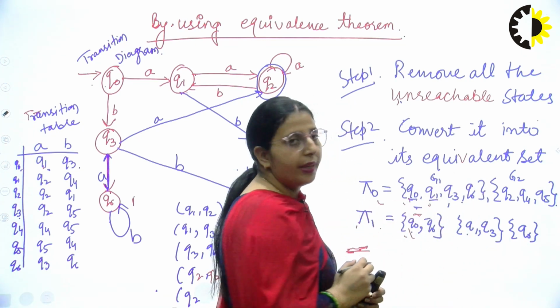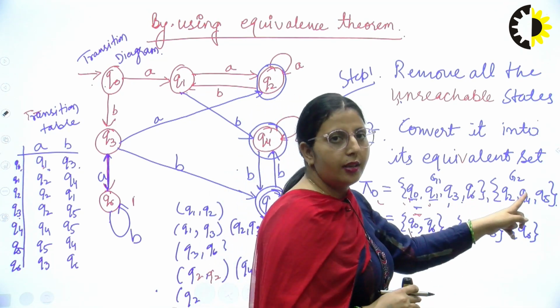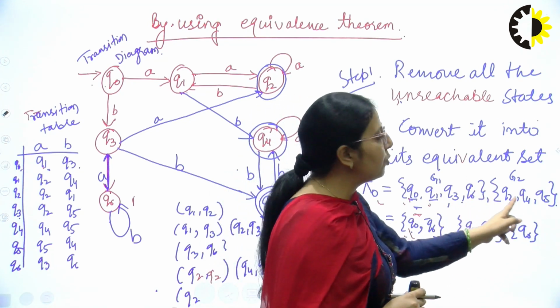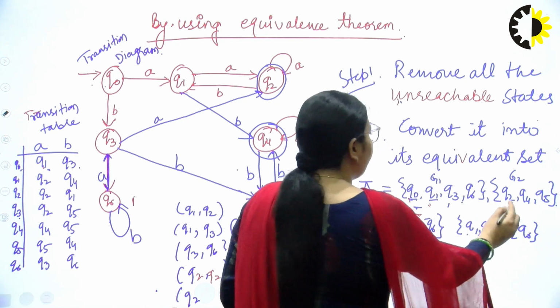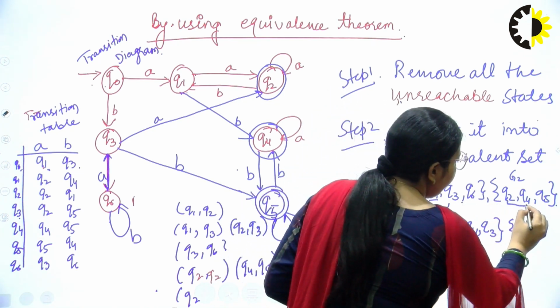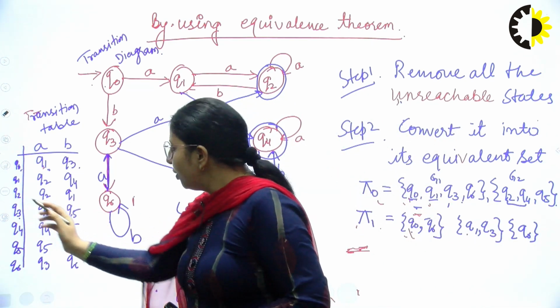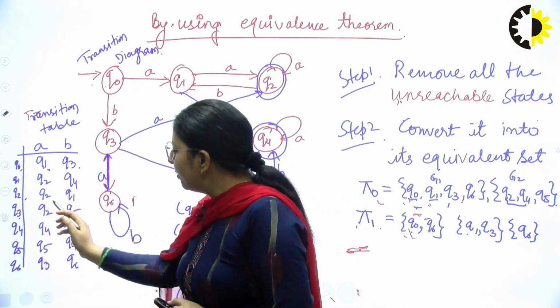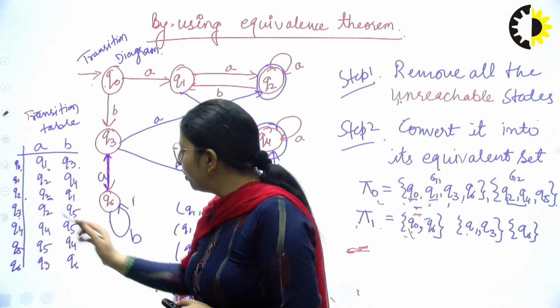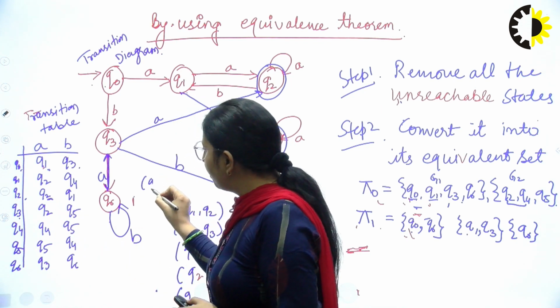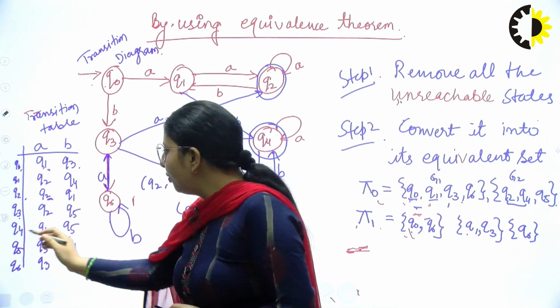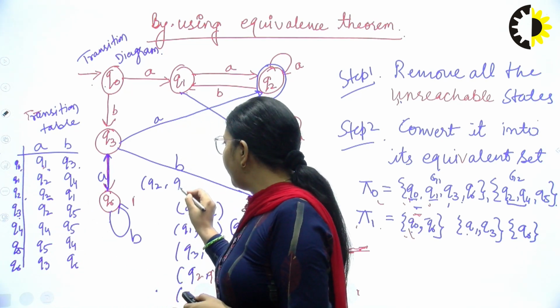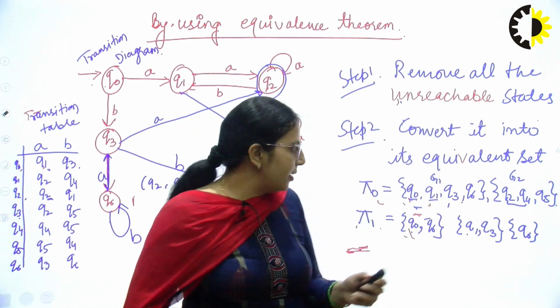Now we have to check for another set, that is Q2, Q4, Q5. First we have to check Q2 and Q4. Q2 on A goes to Q2, and Q4 on A goes to Q4. Let's check whether they both lie in the same set.